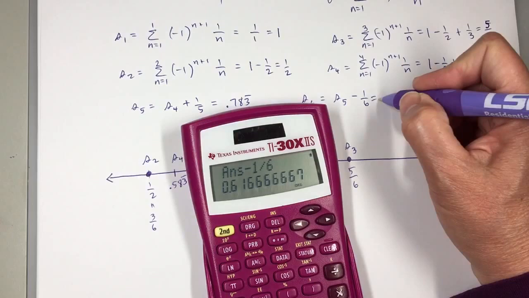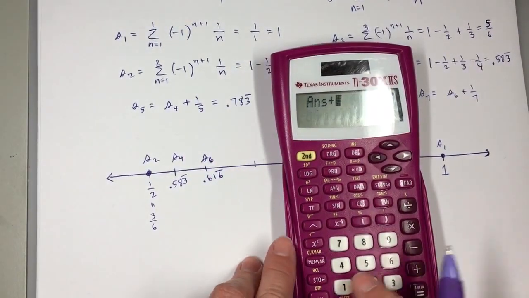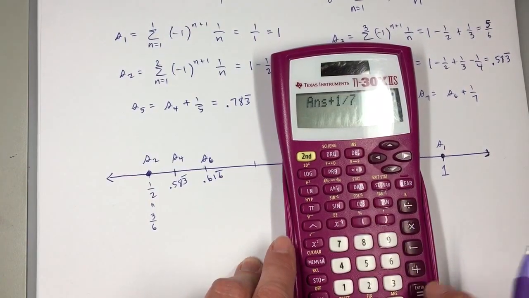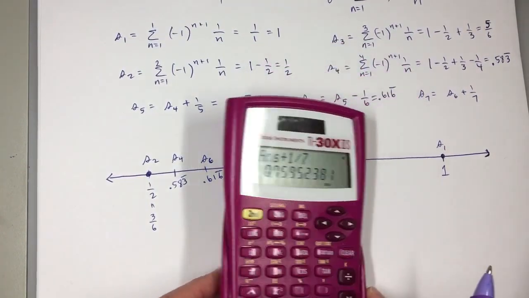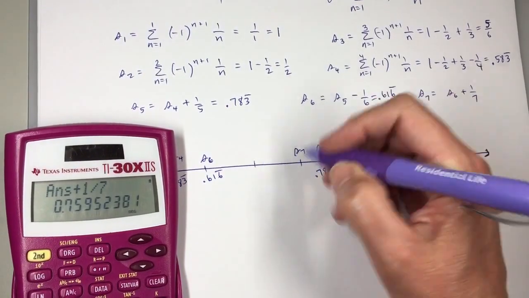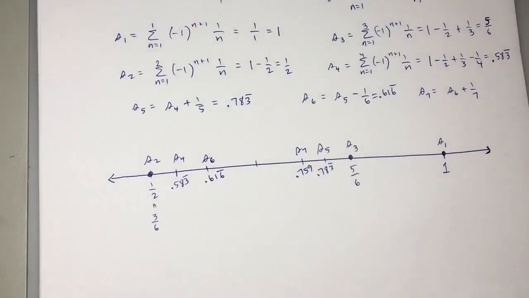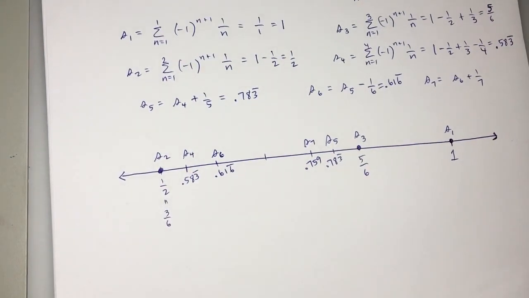S sub 7 would be plus 1/7 to the previous partial sum. 0.759. S sub 7 is 0.759. Do you see what's happening with the partial sums?